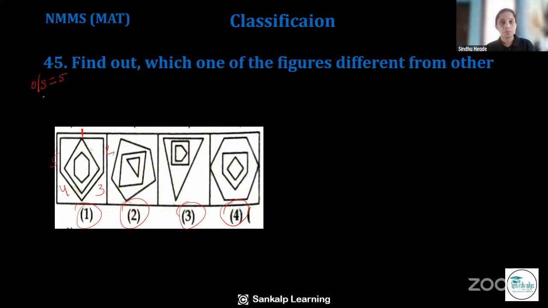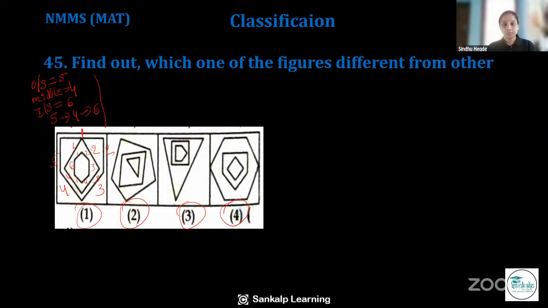The middle shape is made up of 1, 2, 3 and 4, so 4 sides. And the inside shape is made up of 1, 2, 3, 4, 5 and 6, so 6 sides. So 5, 4, 6. The pattern is this one.